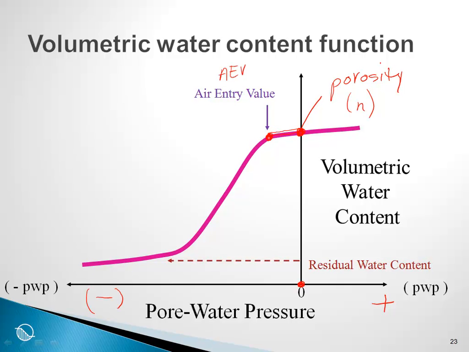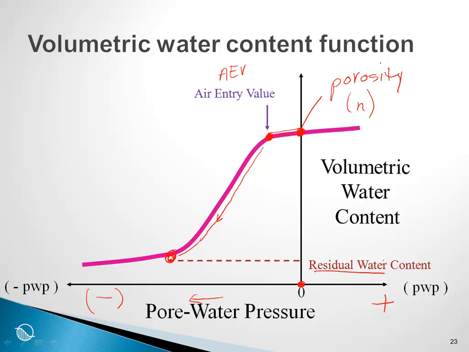Then water begins to drain out of the soil, and it continues to drain out of the soil as the pore pressure becomes more and more negative, or in other words, as the suction increases, the water content goes down, down, down, and we reach what is known as the residual water content. We will see a little bit later what we mean by residual water content with a physical illustration.